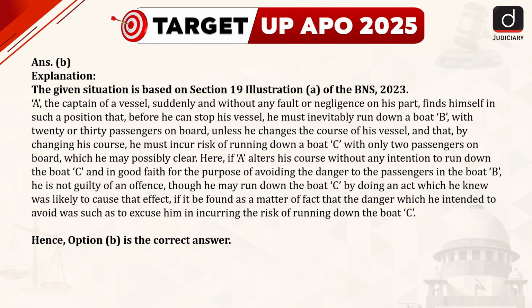Here, if A alters his course without any intention to run down the boat C and in good faith for the purpose of avoiding the danger to the passengers in the boat B, he is not guilty of an offence, though he may run down the boat C by doing an act which he knew was likely to cause that effect, if it be found as a matter of fact that the danger which he intended to avoid was such as to excuse him in incurring the risk of running down the boat C. So the correct answer is option B.